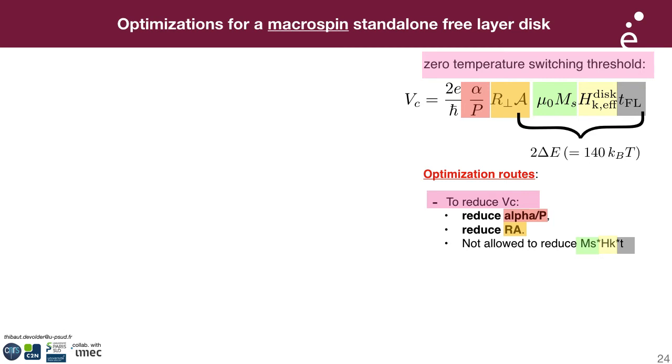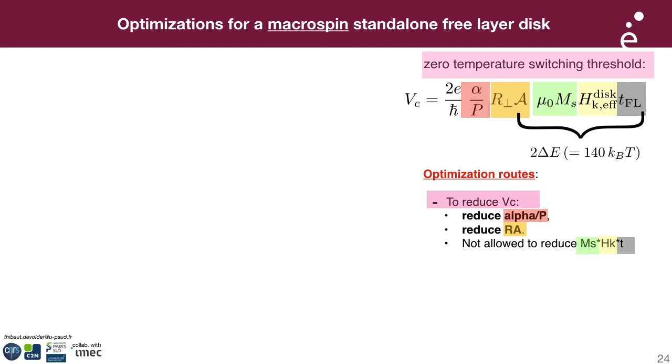So let's try to discuss anyway how to optimize the switching speed and the switching voltage. Okay. If you look at the switching voltage, essentially if you want to reduce that, to reduce the energy cost of your reversal, then you can play on the alpha over P parameter, alpha being the Gilbert damping and P being the spin polarization. And as I told you, the spin polarization is almost 1 already, so there's not much you can gain on this side.